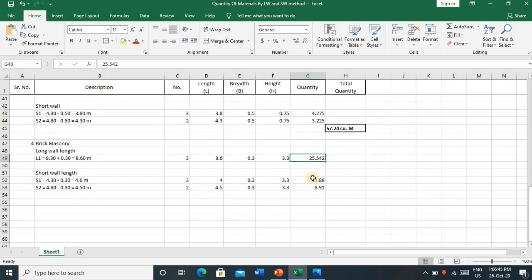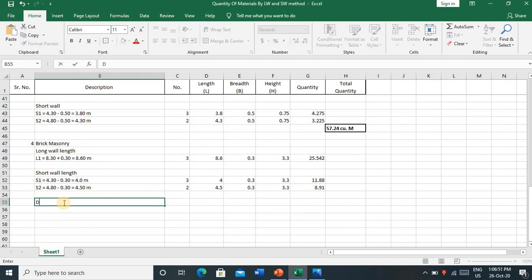Okay, so these are the quantity you have calculated for brickwork but without deductions. So here you need to deduct the door and window.